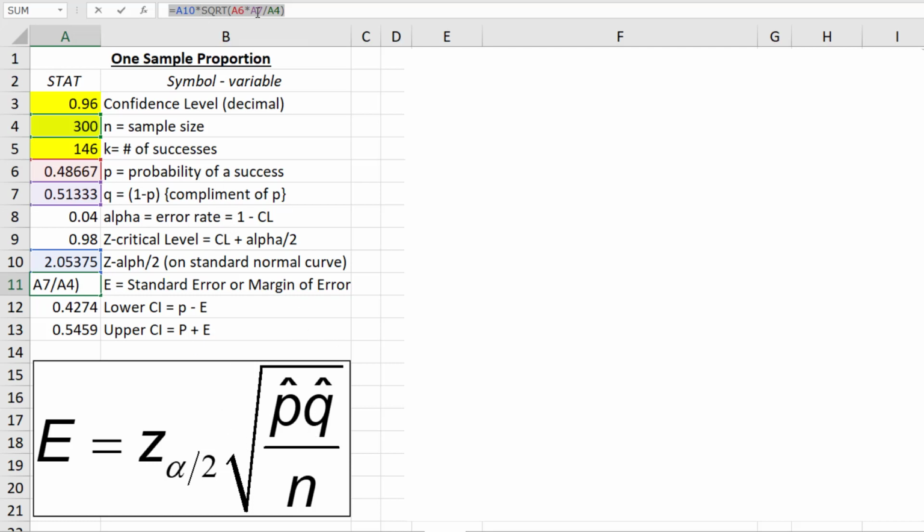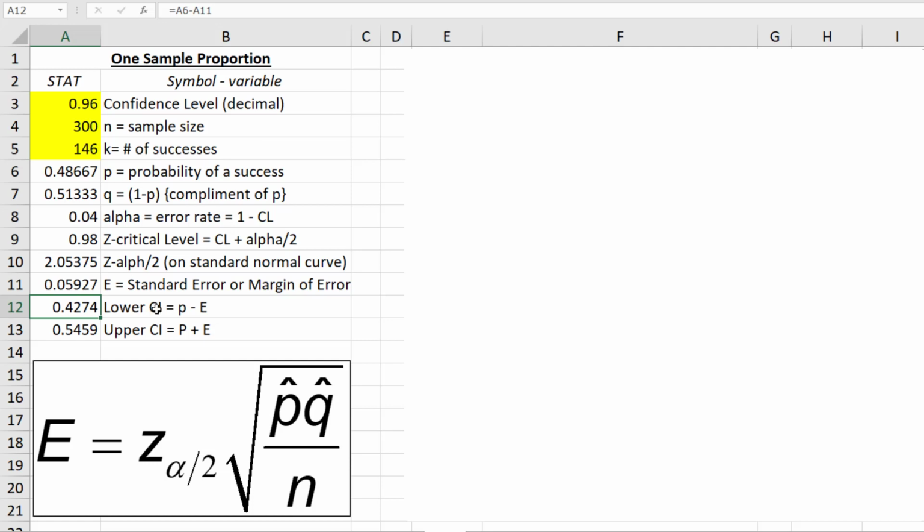Then I'm taking the square root, so that's SQRT, right? That's the shorthand to tell Excel to take a square root of something, and then you put inside the parentheses all the stuff that you're taking the square root of. So I need P hat times Q hat. Well, P hat is just the value that's in A6, and then asterisk, the value that's in A7, and then / for division, the sample size, A4. Close the parentheses, hit enter, and there is my margin of error. Almost 6%. So it's going to go plus or minus 6%.